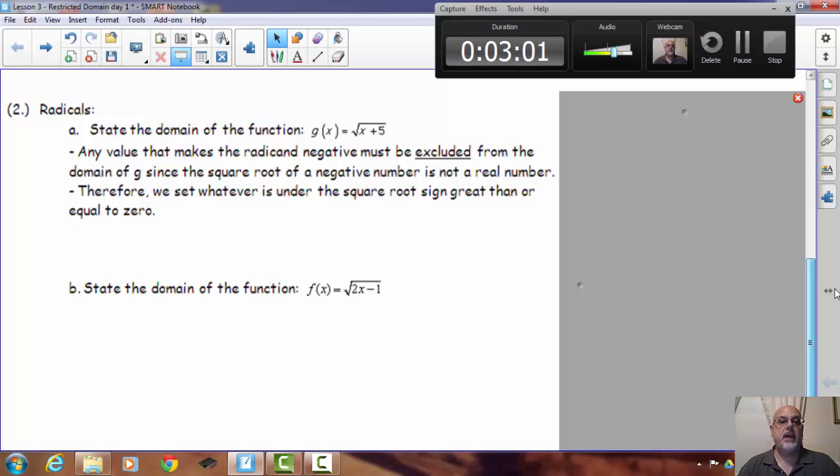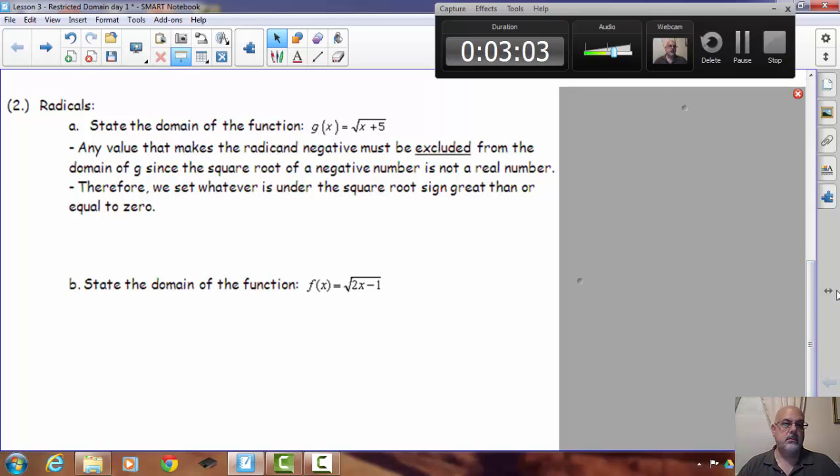The next case is we have a radical as our function. Since we are not dealing with complex or imaginary numbers, what's under the radical sign has got to be greater than or equal to 0. 0 is acceptable in this case because it's not a denominator.